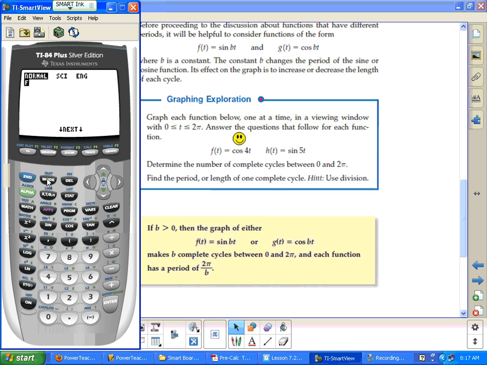Make sure your mode is in radians, and make your window from 0 to 2 pi. You can go from negative 4 to 4 for your y. So how many cycles are there between 0 and 2 pi?